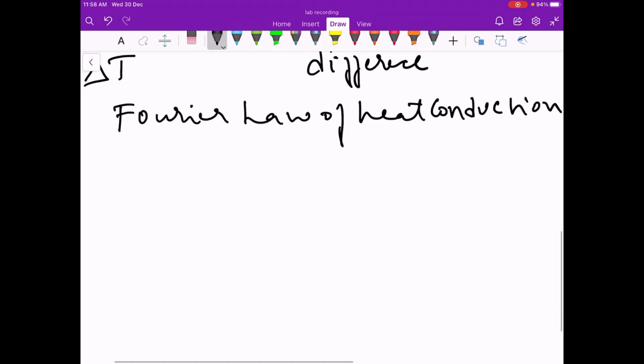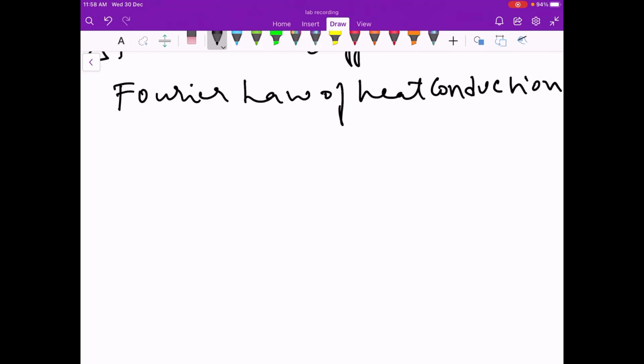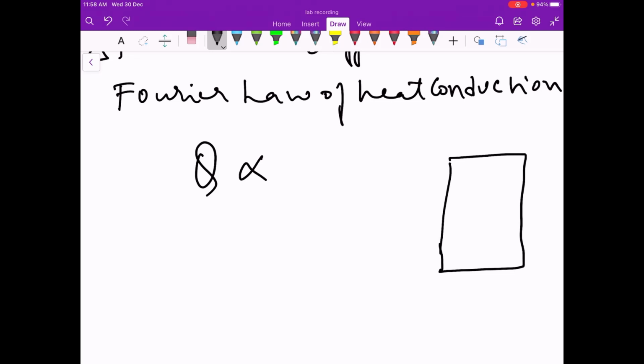So what did Fourier say? He said that the heat transfer is directly proportional to, and I'll be writing the diagram here, the area perpendicular to the direction of the heat transfer, times the gradient of temperature.